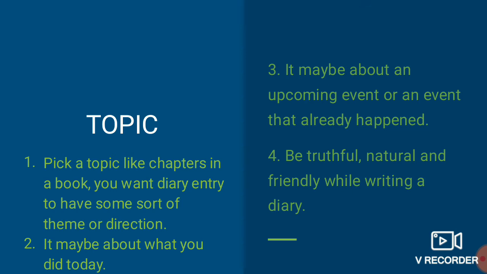Topic means the thing which you want to write in a diary entry. It may be about what you did today. It may be about an upcoming event also. So both the tenses you have to keep in your mind, the past tense and the future tense, and an event that already had happened.